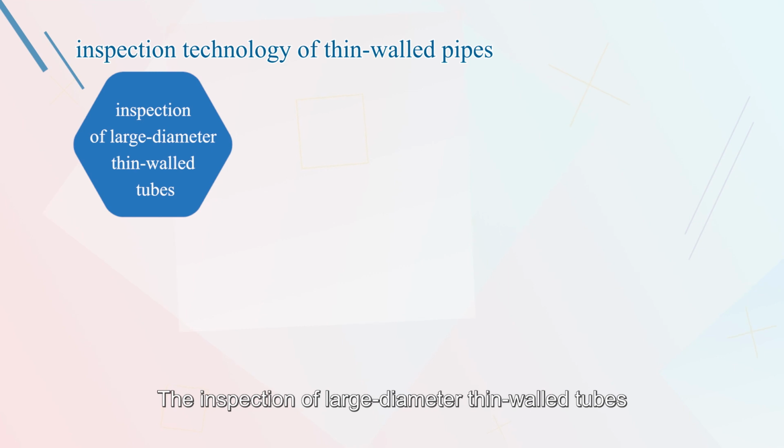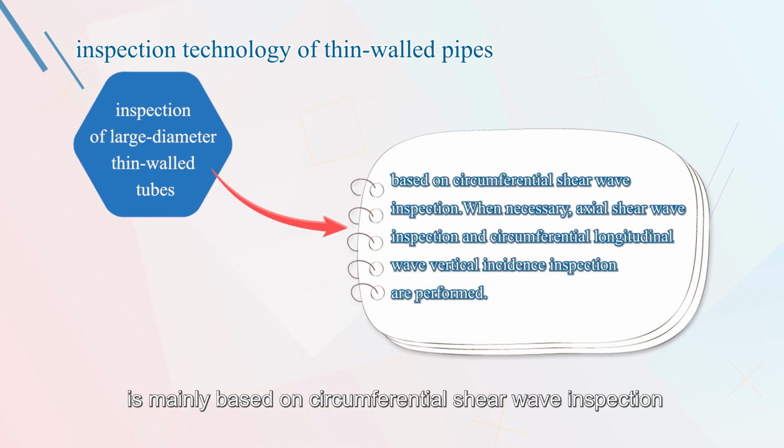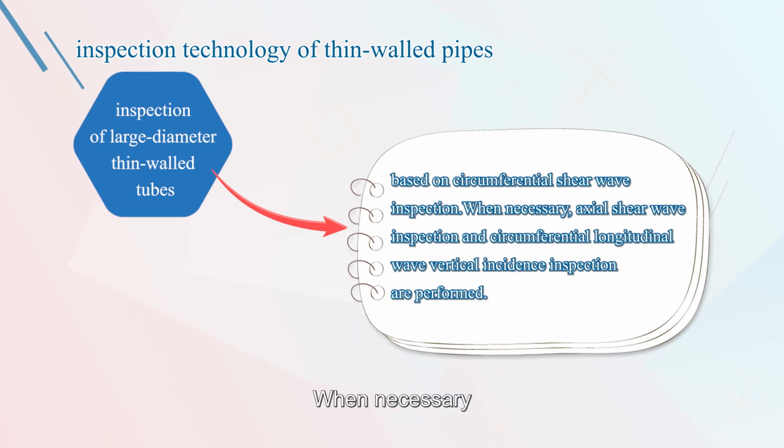The inspection of large diameter, thin-walled tubes is mainly based on circumferential shear wave inspection. When necessary, axial shear wave inspection and circumferential or longitudinal wave vertical incidence inspection are performed.